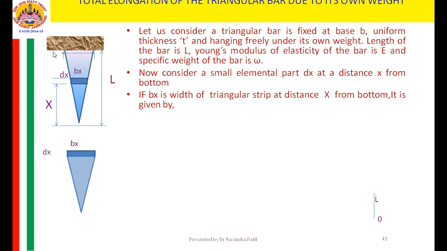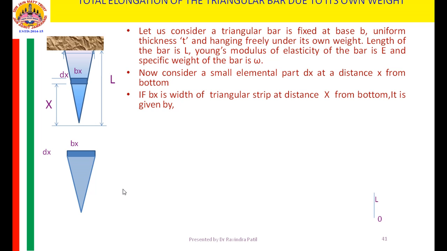If Bx is the width of the triangular strip at a distance x from the bottom, Bx is calculated by using two similar triangles. One is the big triangle, having width equal to B and height equal to L, and the other having width equal to Bx and height equal to x.